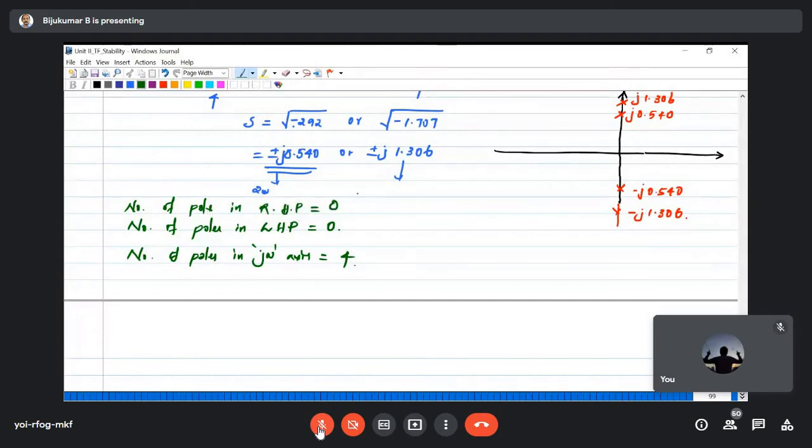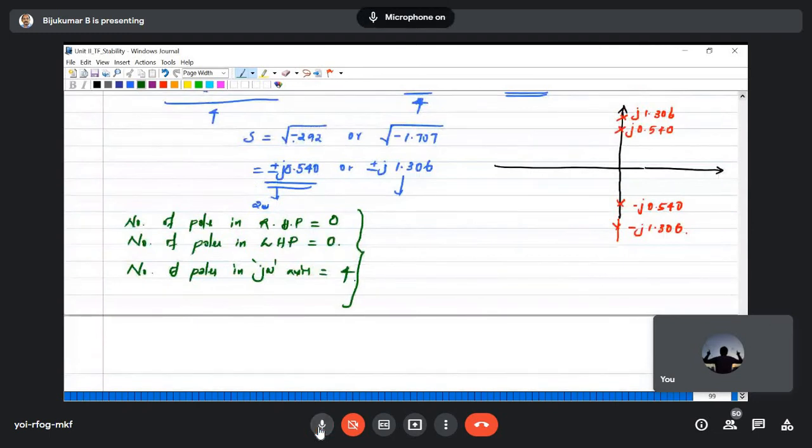So from this, what is the stability condition? Whether the system is stable or unstable? According to Hurwitz, it is unstable. Right? Why is it unstable? Yeah, critically stable, right? So what are the conditions for an unstable system? Either poles in RHP or multiple poles on the j omega axis, right?